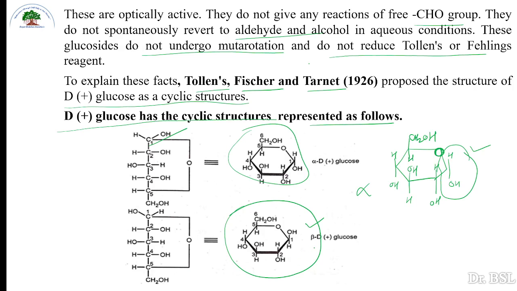And in the case of beta-D-(+)-glucose, the OH is on the upper side, and here it is on the left hand side, that of C1.